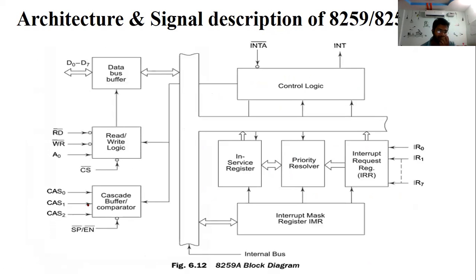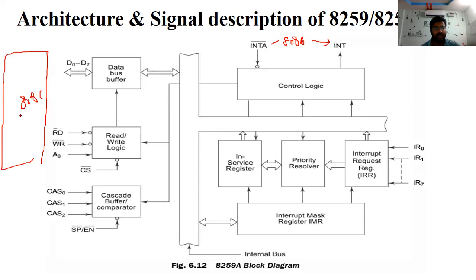So this is the architecture of the 8259 or 8259A. This is the 8086 side, the 8086 microprocessor connections: data bus, read and write control.